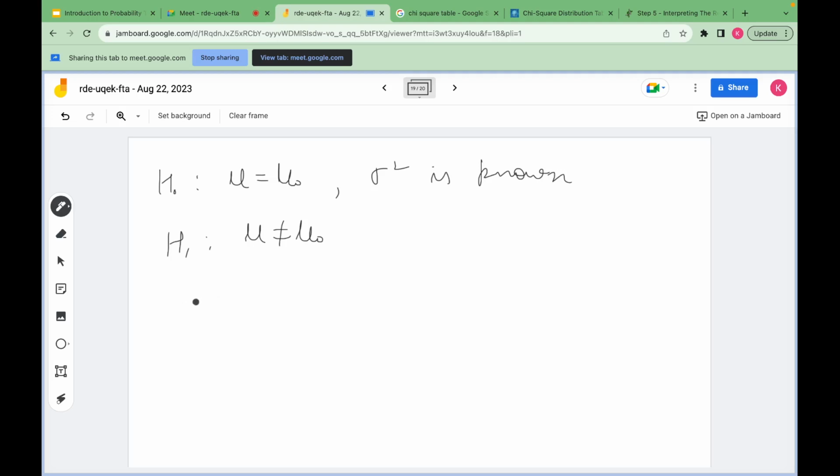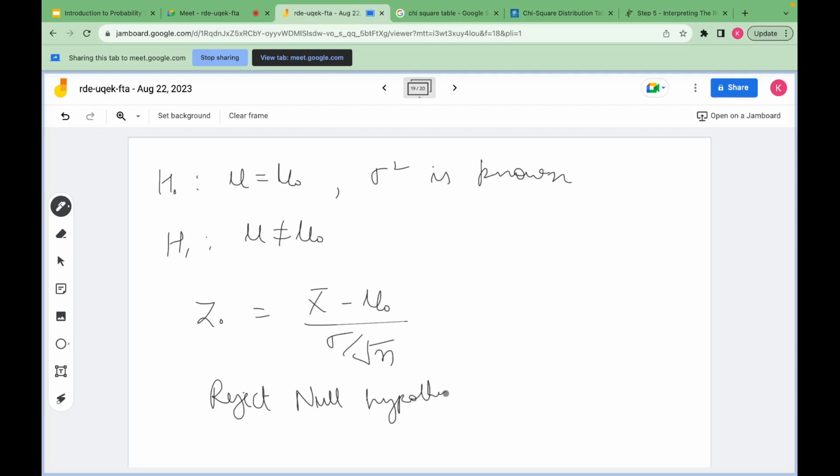Then we will find this z naught, which will be x bar minus mu naught upon sigma by root n, and we will reject the null hypothesis if this z naught value is greater than z alpha by 2. We can easily find this value z alpha by 2, and if z naught is greater than z alpha by 2, then we reject the null hypothesis. z naught is calculated from this formula.